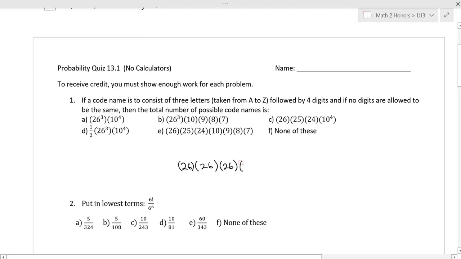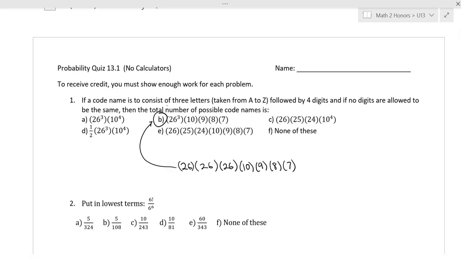So there are 10 digits, 0 through 9, and then I can't repeat, so then there's only 9 left, and 8, and then 7. And so that's what I would multiply together, and now I'm looking at my answer choices, and I see that that goes with B. 26 to the third power is 26 times 26 times 26.